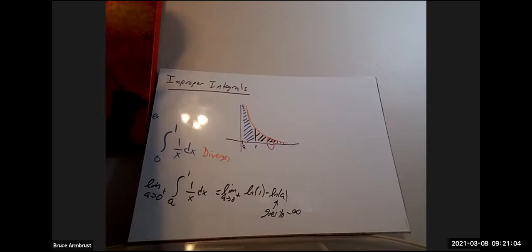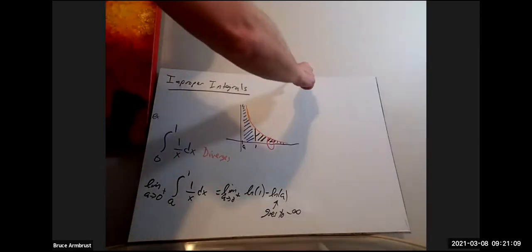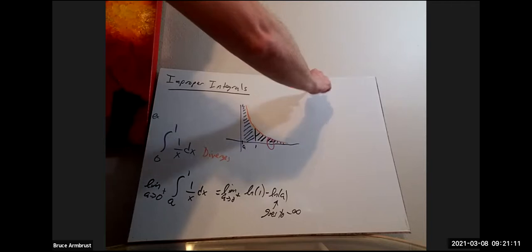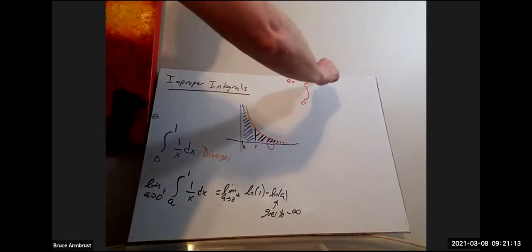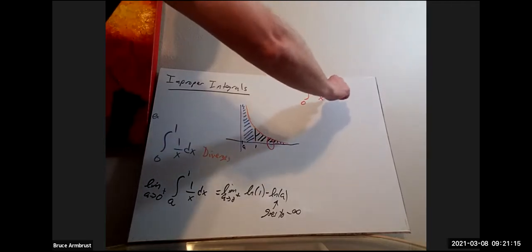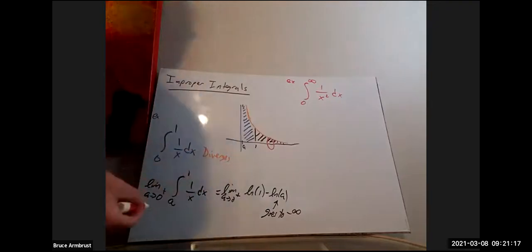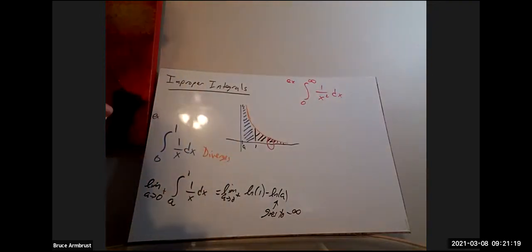All right, so then we can have lots of fun and do something like this. What if we did the integral from 0 to infinity of 1 over x squared?